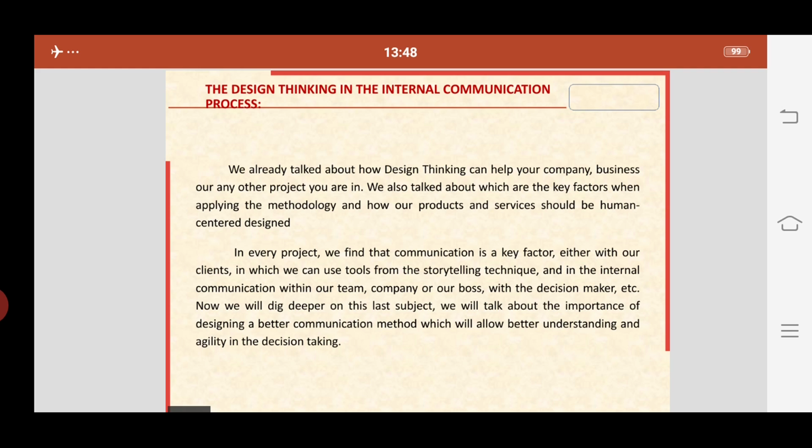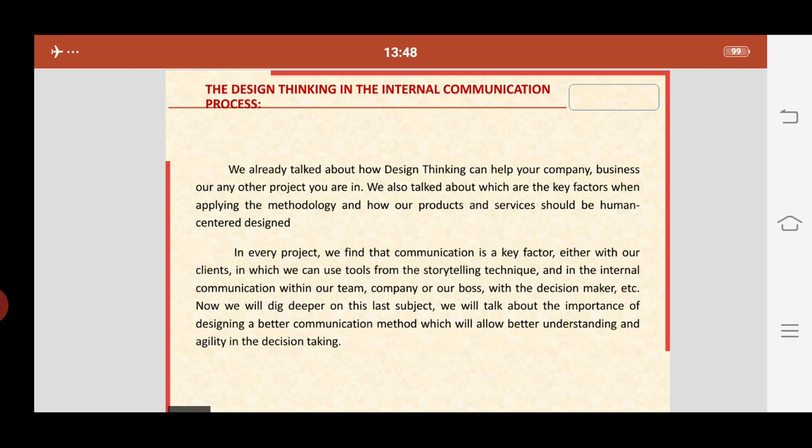In front of the boss, we need communication. That is the importance of designing with the decision maker who wants to talk in front of our company, our boss or our colleagues. We need communication most of all.